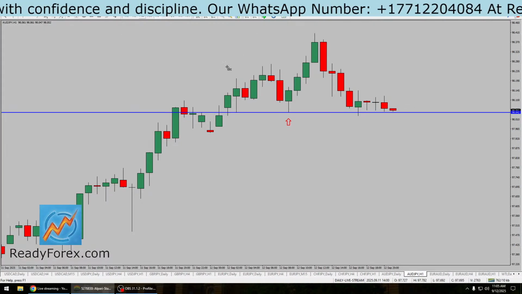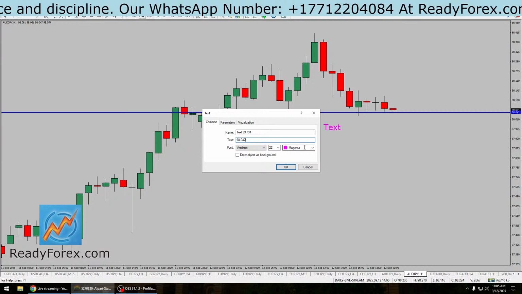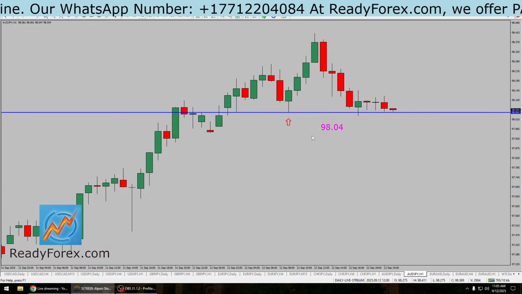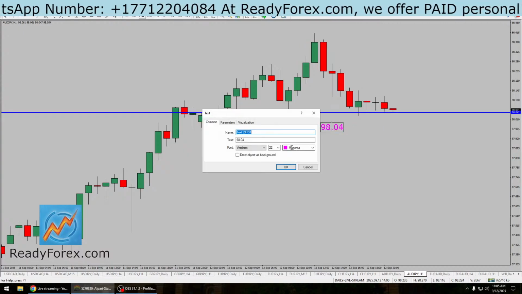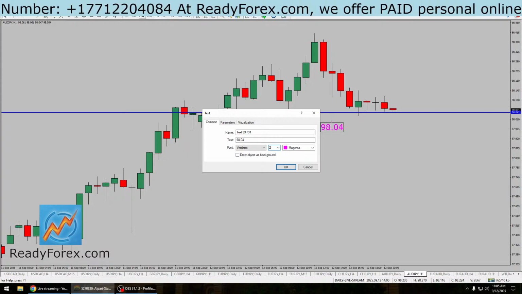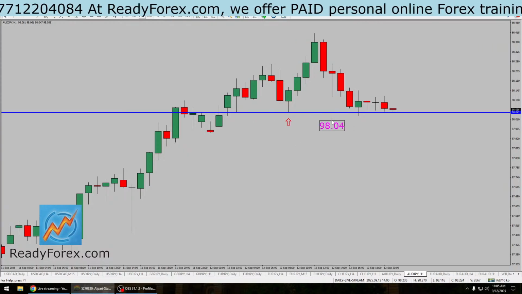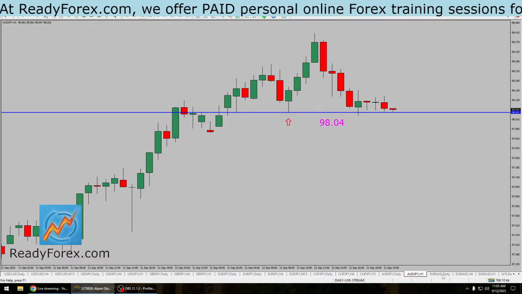Okay, I'm going to write down this level. So the trend is going to change on a short-term basis if price action breaks below 98.04 support level. Otherwise it's an uptrend, and I expect more upside in AUD yen currency pair.